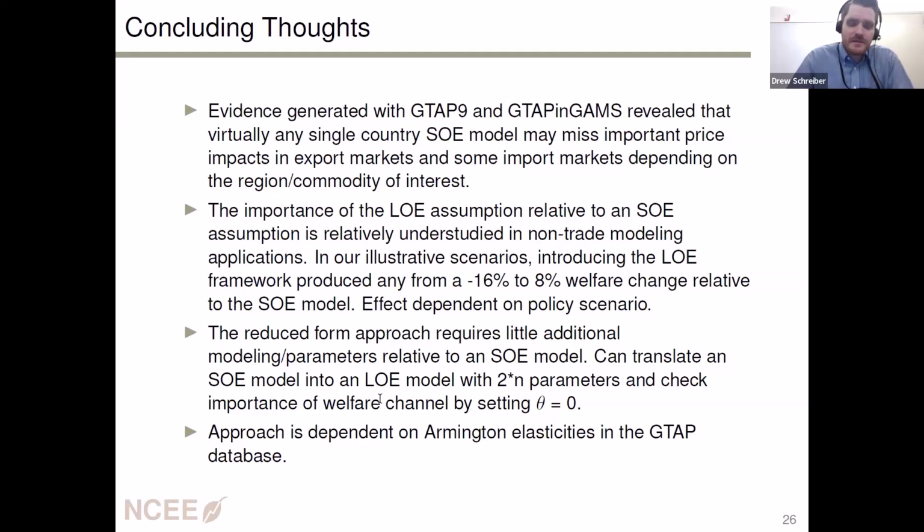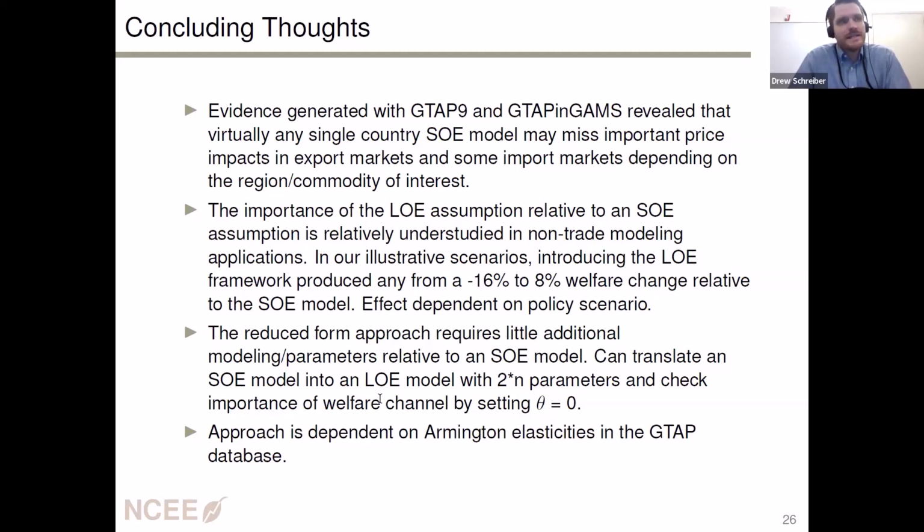Another nice feature of this reduced form approach is that it requires little additional modeling and parameters relative to an SOE model. So, essentially, you can translate an SOE model into an LOE model with 2 times n parameters, where n would be the number of sectors or commodities in the model.